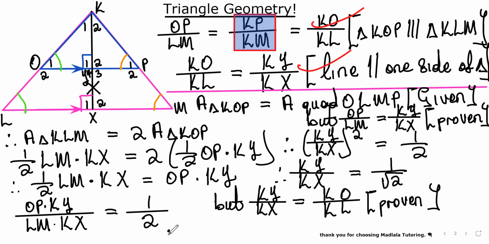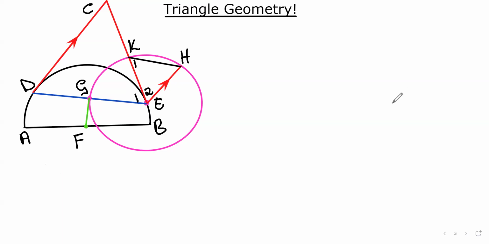So then what's the conclusion? Well, since those two are equal to each other, then it stands to reason that ko over kl must be equal to 1 over square root 2. So that is how it works.